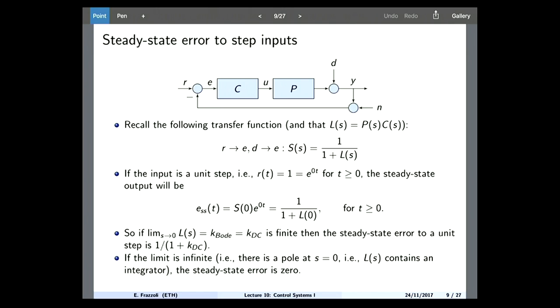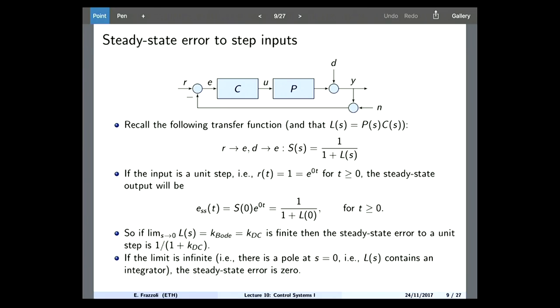How do you do that? Make sure that the magnitude of L(s) goes to infinity when s goes to 0. How do you do that? You need to have a pole at the origin. As long as you have a pole at the origin, no matter what your K is, the magnitude for low frequencies will go to infinity, meaning that no matter what, your steady state error will be 0.